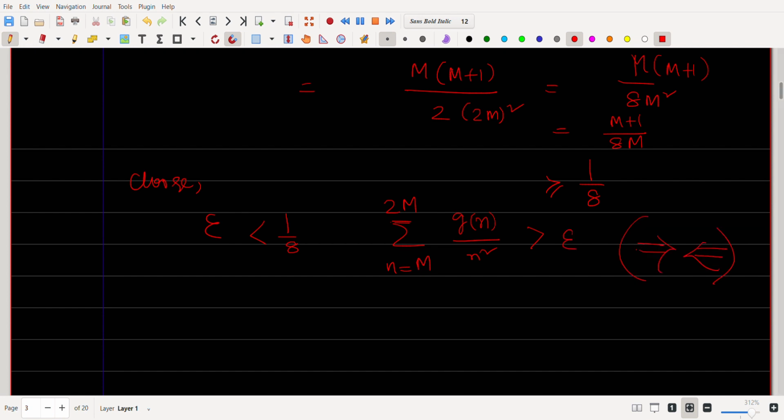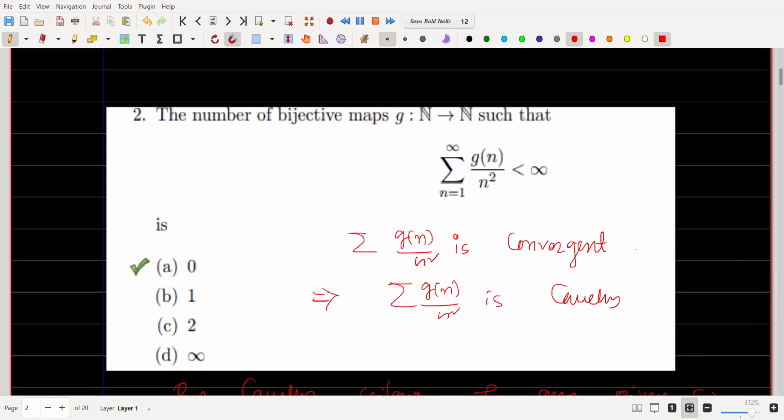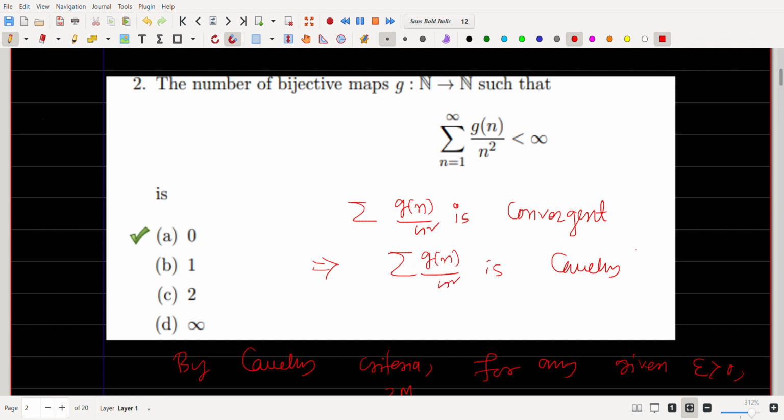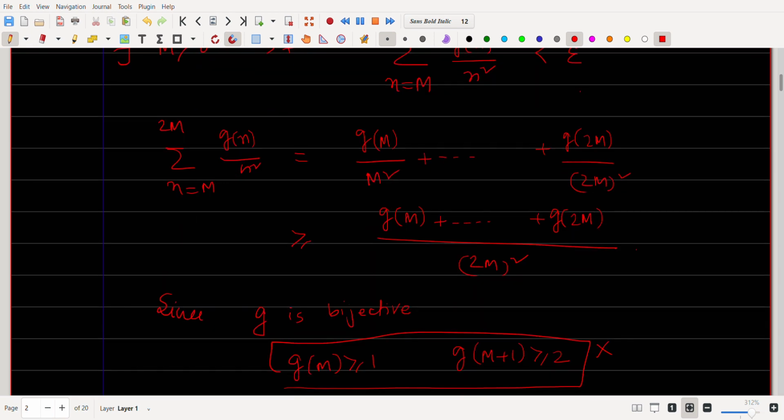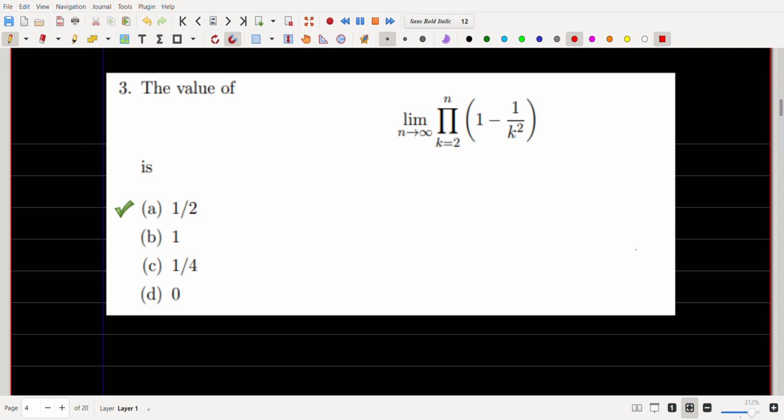That's a contradiction. So that means this sum cannot be finite. So there is no bijective map such that this is finite. So hence the answer is 0. So this is just an application of the Cauchy criteria of convergence.